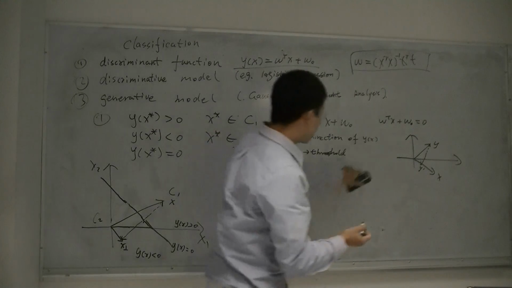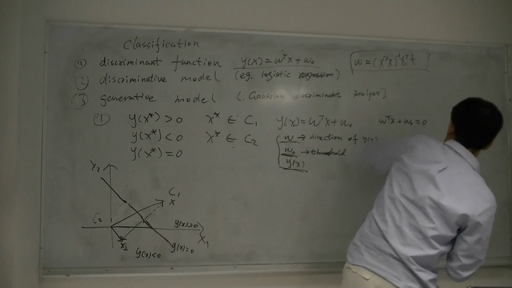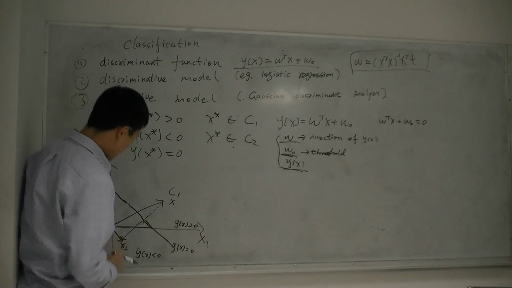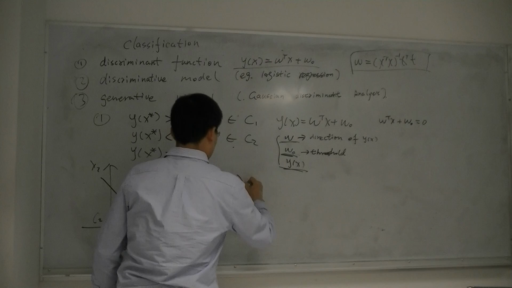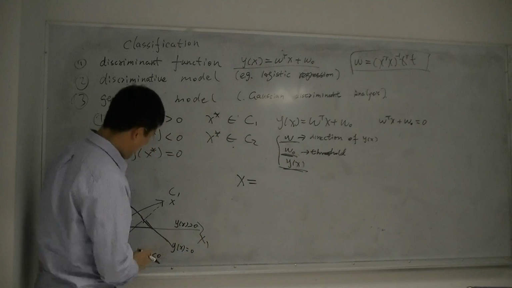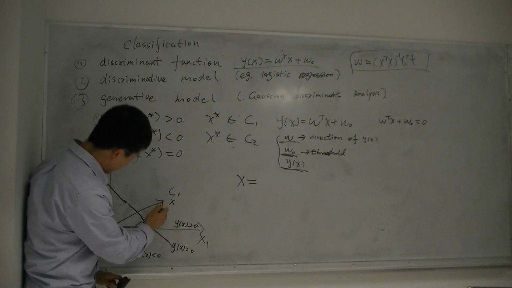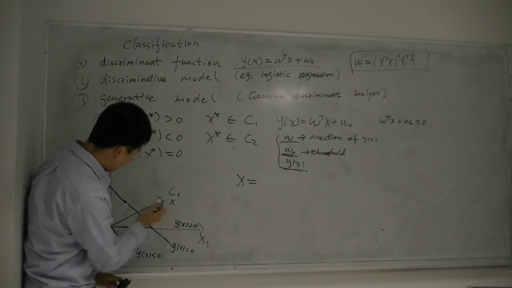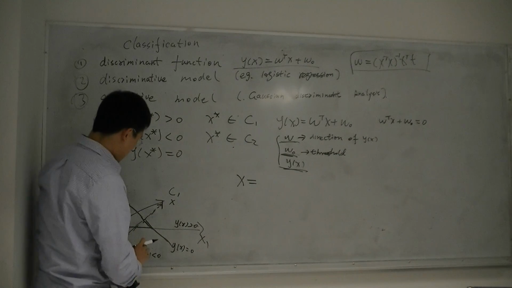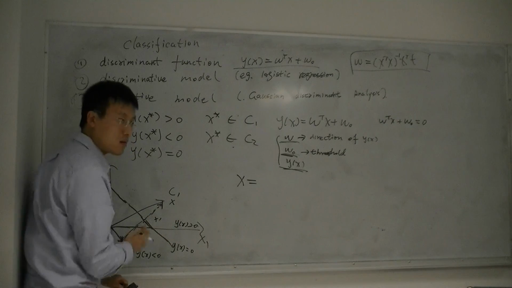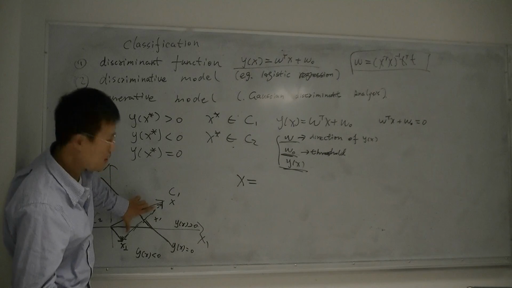If we represent the vector x in terms of x perpendicular, here is x perpendicular, here is x, and then here is another vector, which we call x prime.